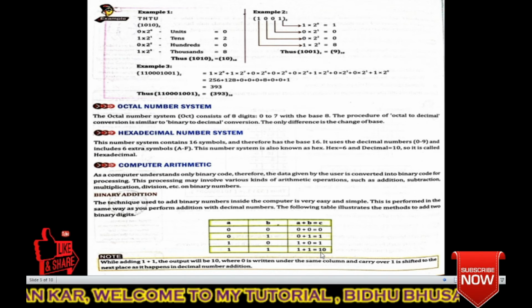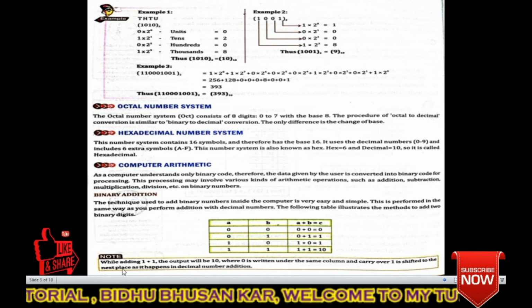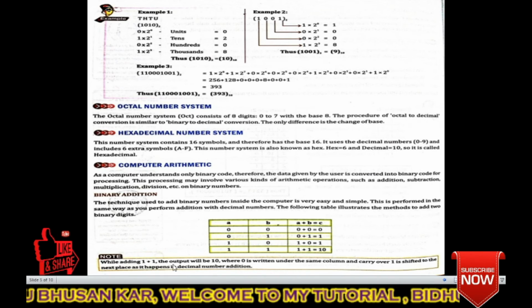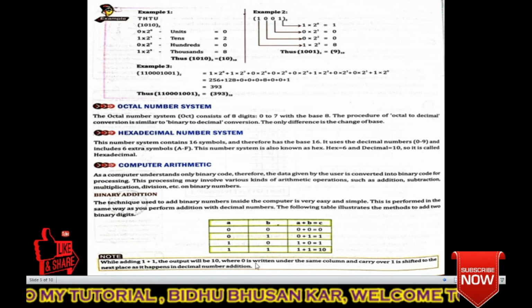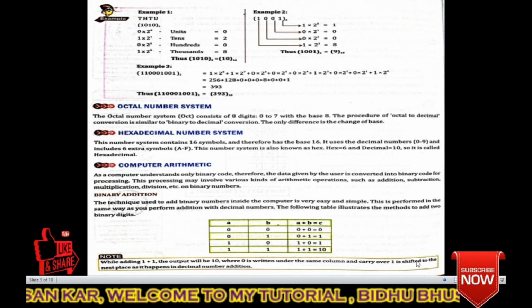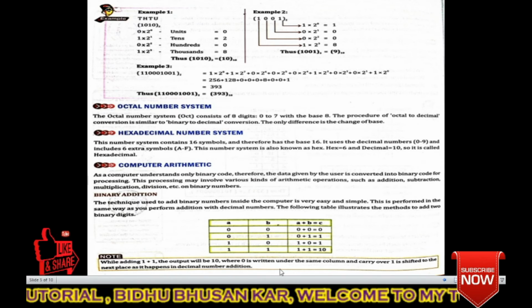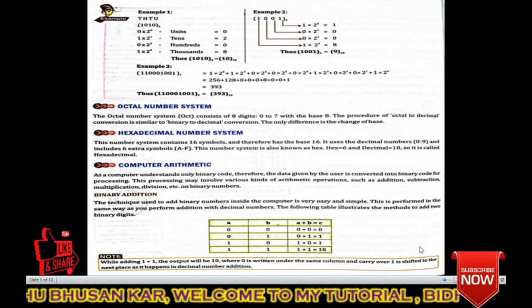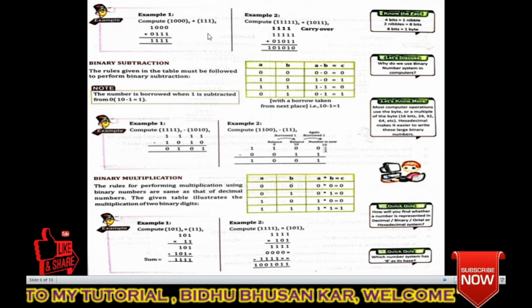This is not ten, this is actually 1 and 0. Understood? Here it is written in the notes: while adding 1 plus 1, the output will be 10, where 0 is written under the same column and carry over 1 is shifted to the next place, as it happens in decimal number addition. Yes or no? Next, here are examples of binary addition.